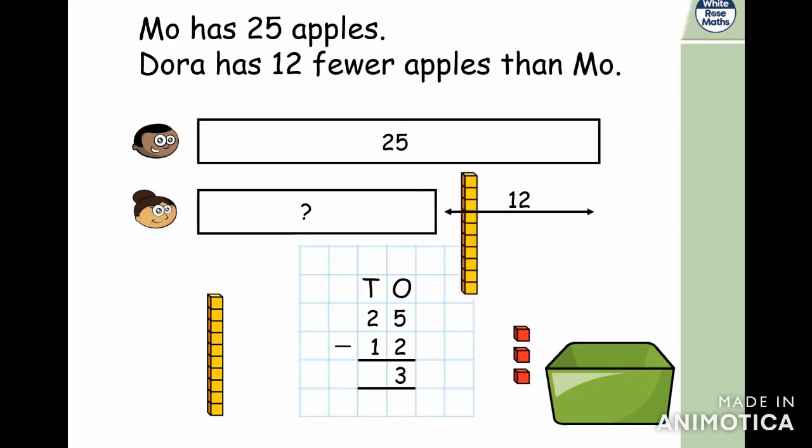I'm starting with 2, subtracting 1, goes in the box, and I'm left with 1. 25 subtract 12 is 13. Dora has 13 apples. If I wanted to know how many apples they had altogether, I could add 25 and 13. You could have a go at that, if you like.